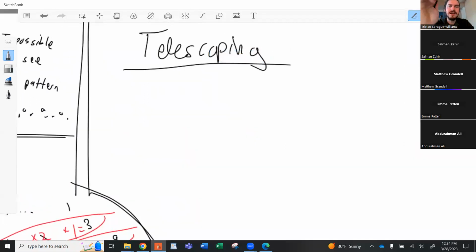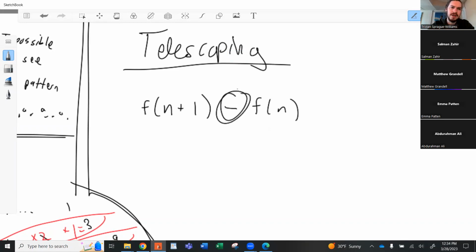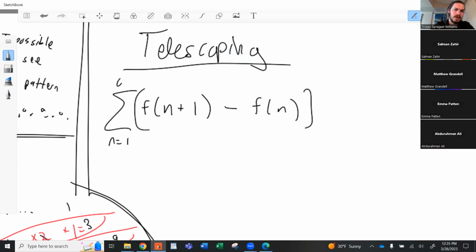Usually telescoping happens when you have something involving some function of n or n plus 1 minus a function of n, where you have consecutive values like n plus 1 and n, and there's subtraction. Because if you sum this up, you get stuff like f of 2 minus f of 1.